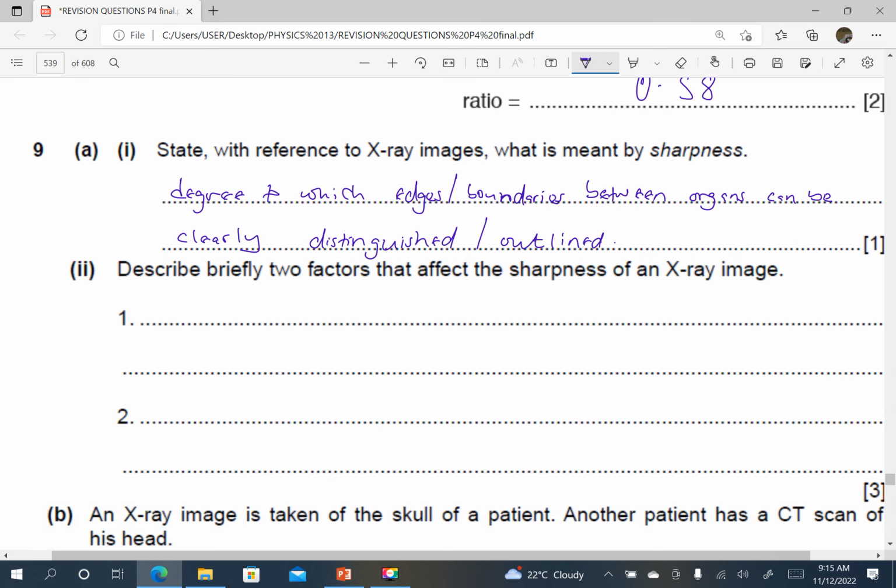Describe briefly two factors that affect the sharpness of the X-ray image. The question says describe briefly, so you don't just state.